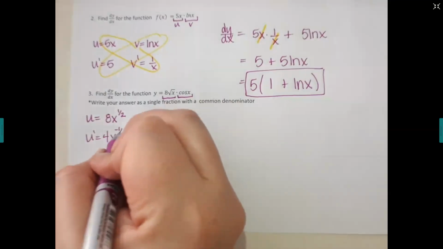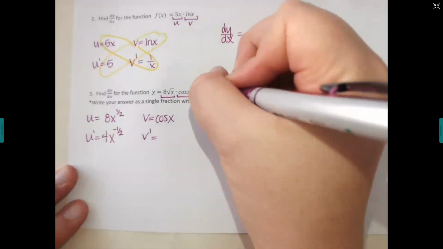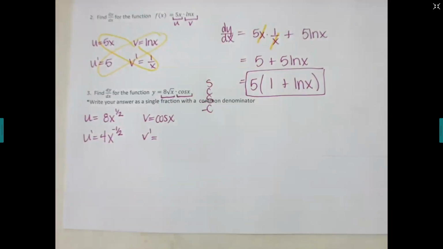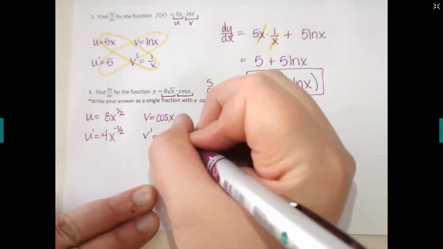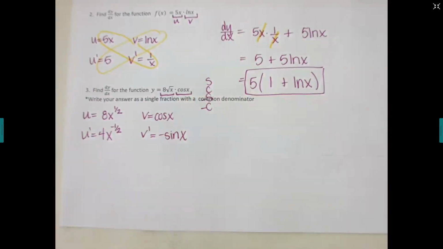Very good. Okay, now let's go to my cosine. Okay, remember it's snow cone, bottom 2 are negative. So if I want the derivative of cosine, what's that going to put me at? Negative sine, very good. Okay, so now let's write our derivative. Remember, it's diagonal plus diagonal.